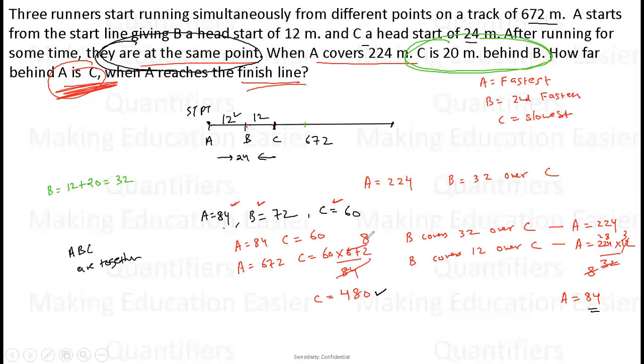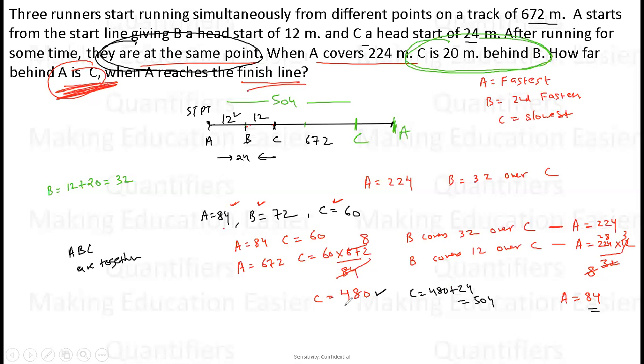So in total, C must have covered 480 plus 24, which is equal to 504. So that means when A crosses the finishing line, C has covered a total of 504.